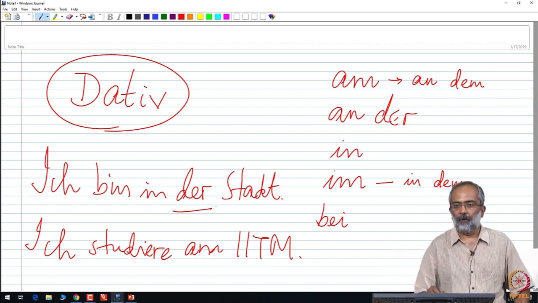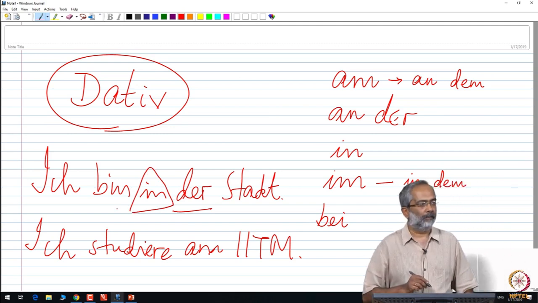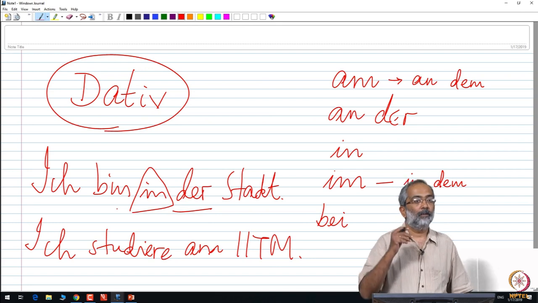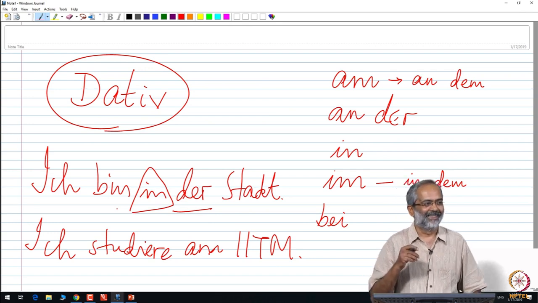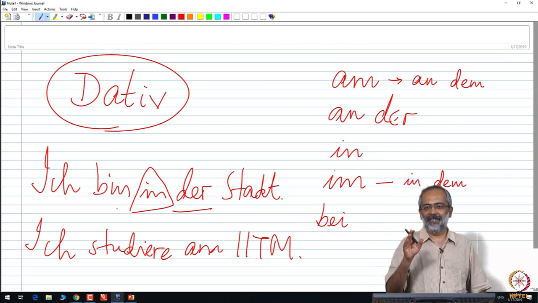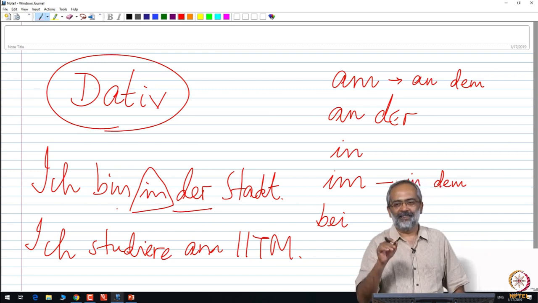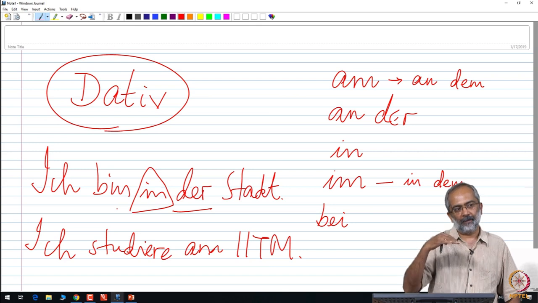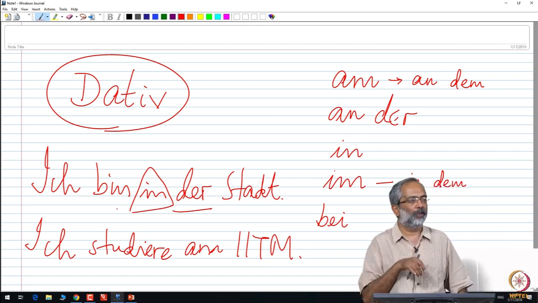This dative form is being influenced by in. What kind of word is in? In terms of grammar, what would you call in? A proposition. Don't propose to anybody with in, okay? It's not a proposition, it's a preposition. It's something that shows a position.